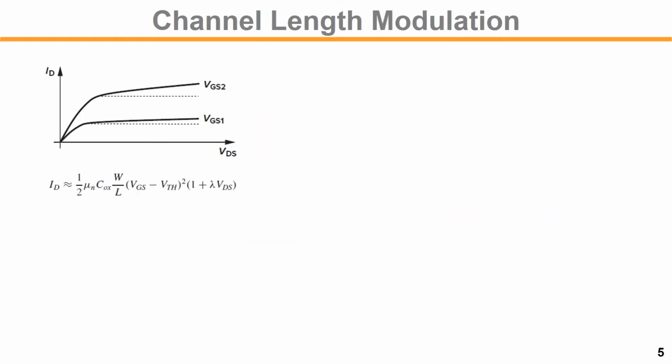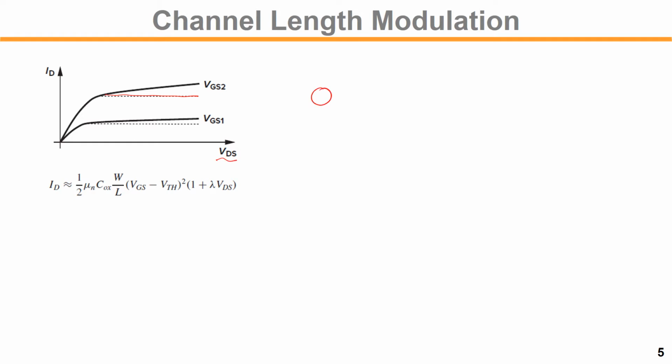Let's take a look at the second order effect. ID versus VDS is shown in here. Typically, an ideal current source has a flat ID versus VDS.